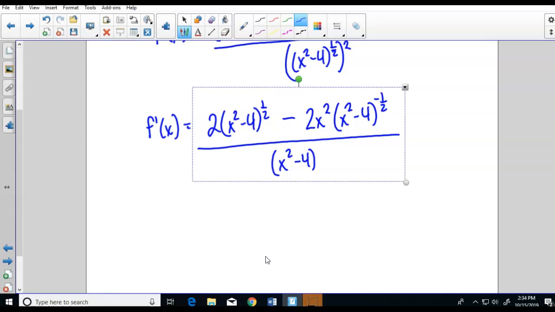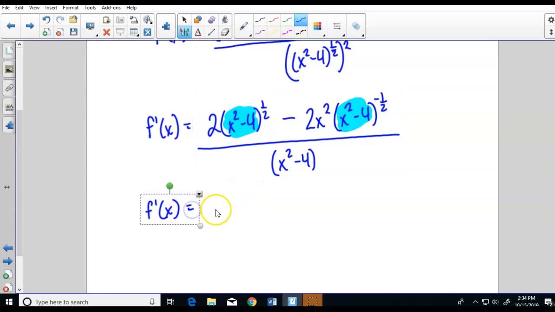Okay, alright, so now, just like the last one, we've got an x squared minus 4 and an x squared minus 4, so we're going to factor out the lowest exponent that we have for that. So we're going to be taking out x squared minus 4 to the negative 1/2.